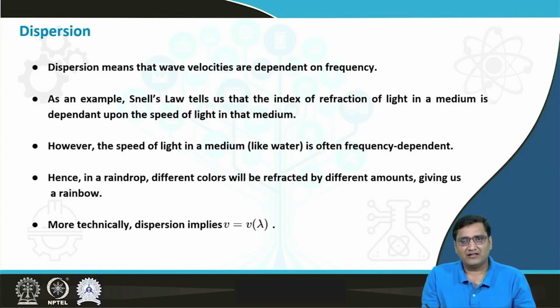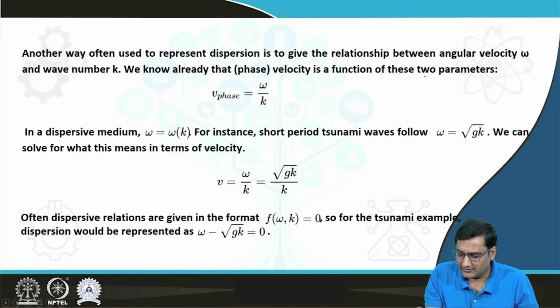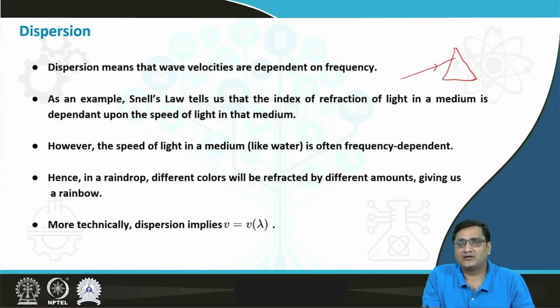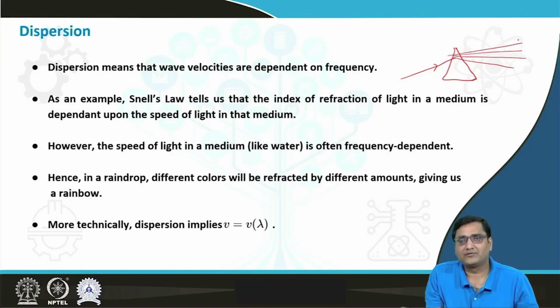As per Snell's law, when light passes through a prism, and this light has a constant frequency but consists of different components of variable wavelength, then due to refraction this light gets deviated into different angles because of the varying wavelength.